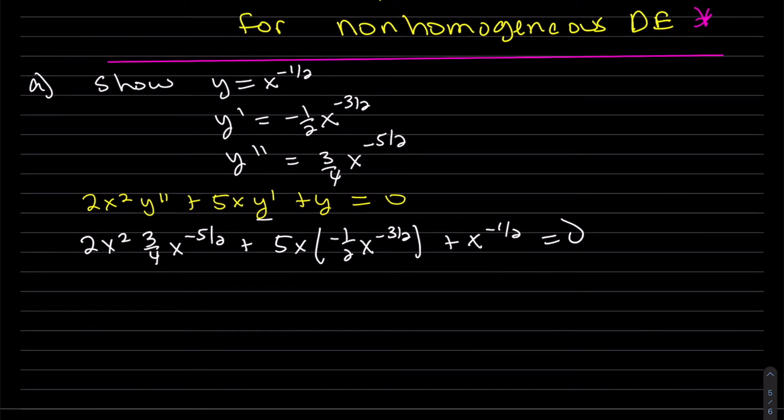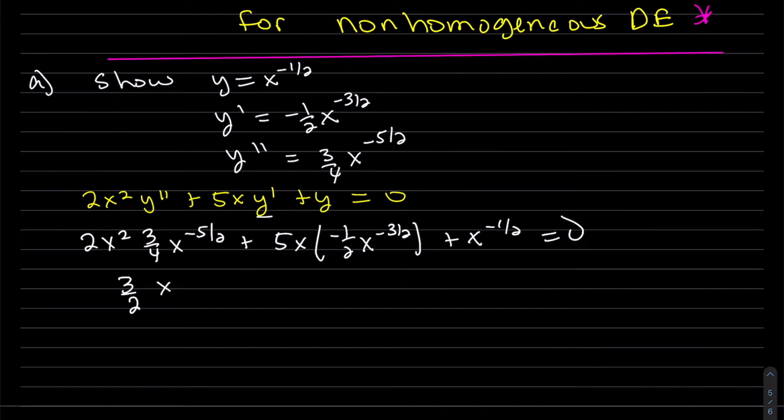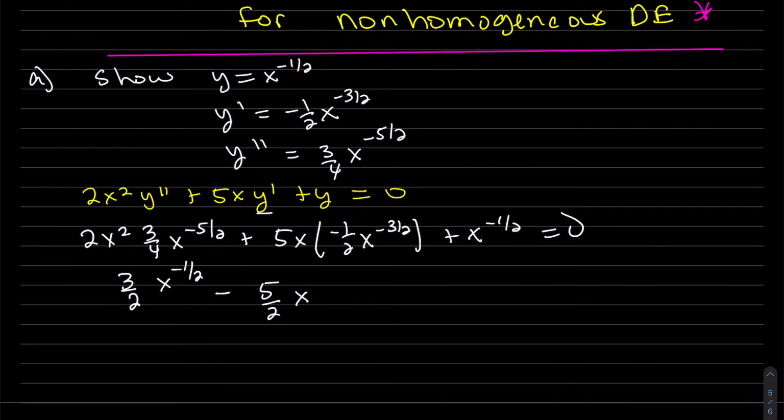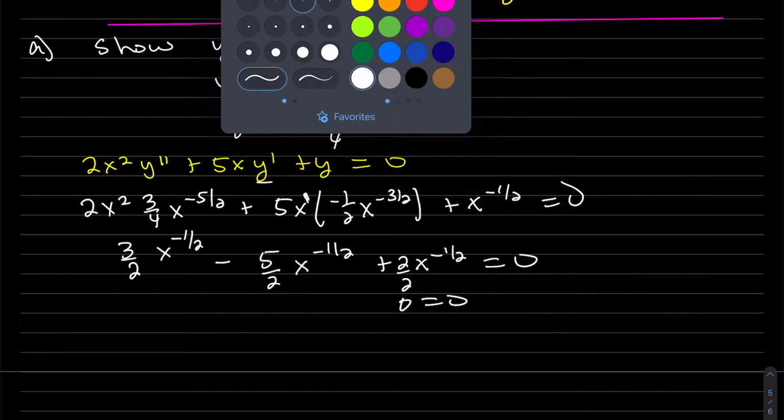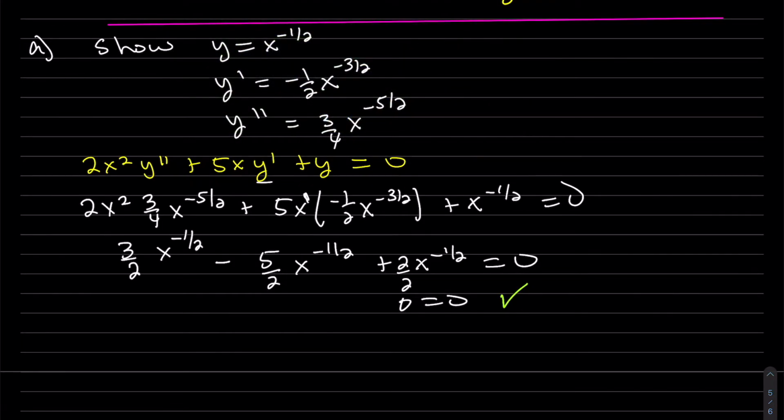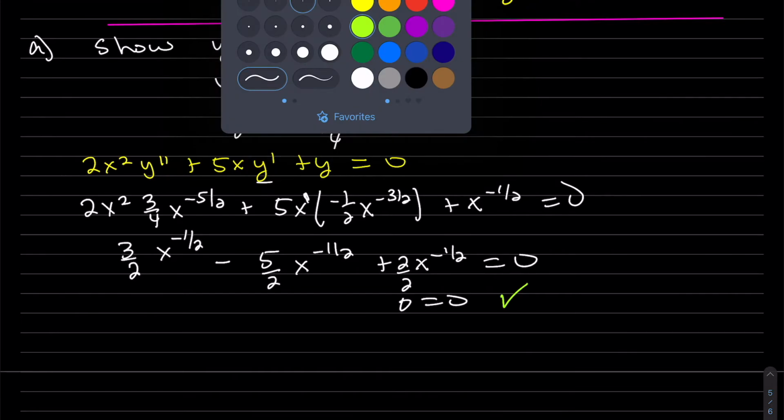Okay, let's just do the math. Two minus 5/2. One minus 3/2. Then find a common denominator, 2/2. Oh yeah, 0 equals 0.